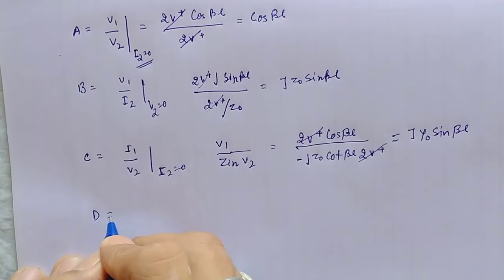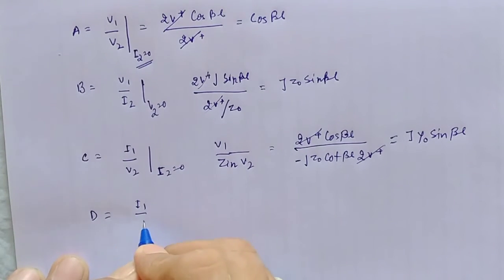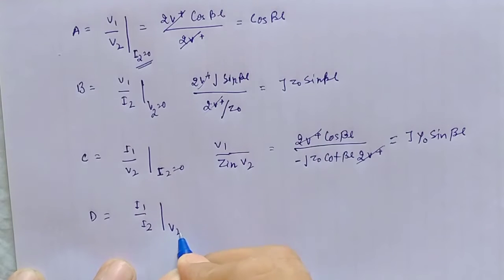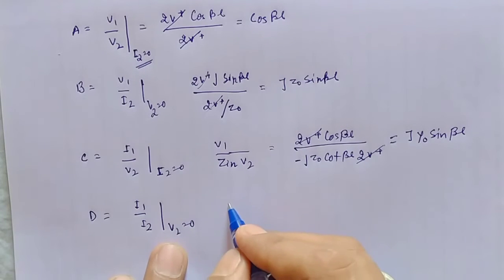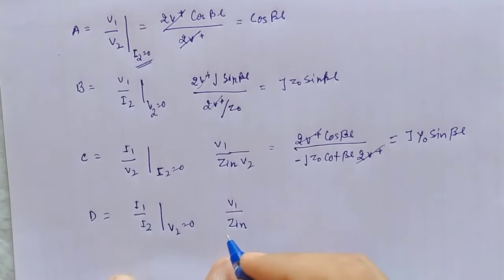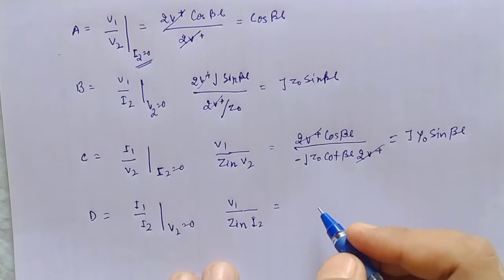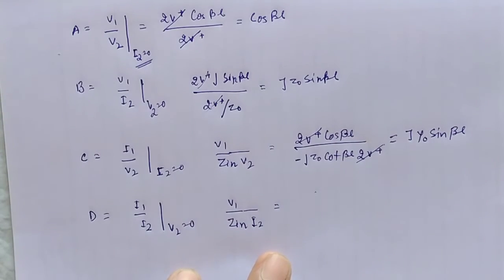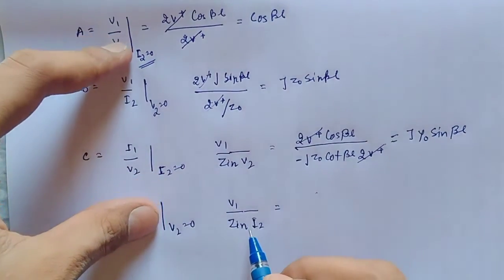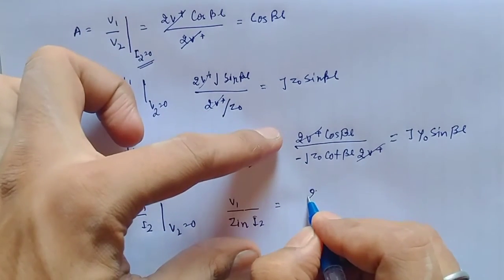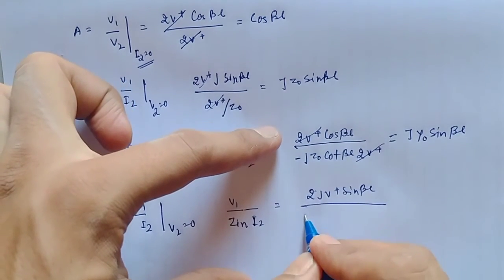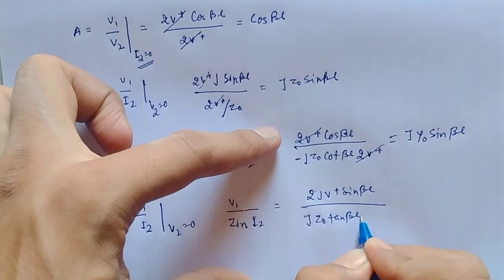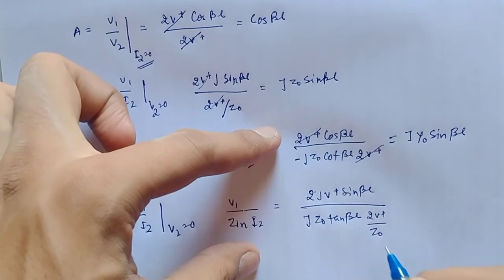Now D will be nothing but I1 by I2, keeping V2 equal to 0, meaning that terminal is short circuited. So this I1 can be written as V1 by Zin, and V1 can be written as 2jV plus sin βL divided by Zin, which is jZ0 tan βL, and I2 is 2V plus by Z0.